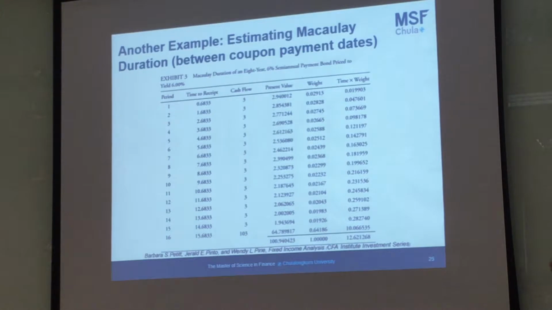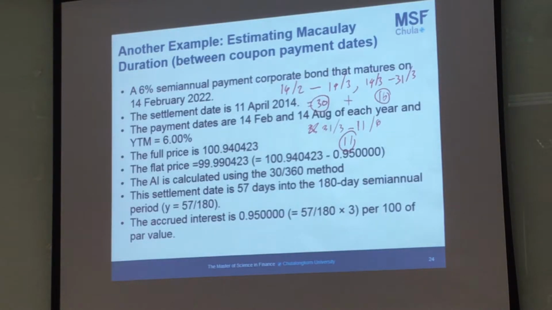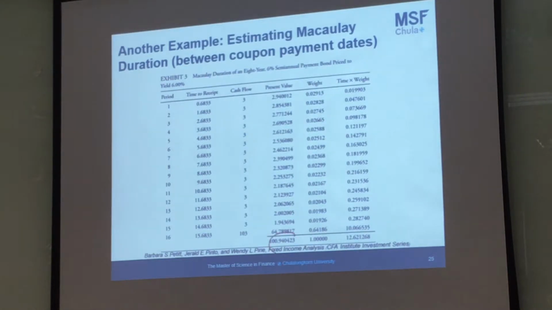Once you know the full price, okay, now we know the full price, right? The full price is 100.94. This is the full price, 100.94.